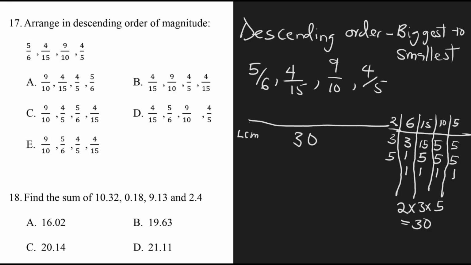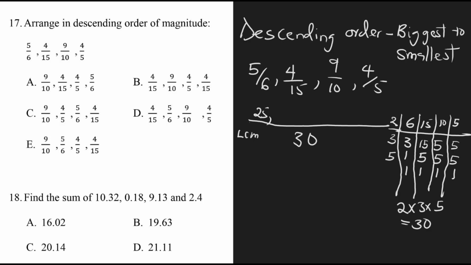So we're going to say 30 divided by 6 is what? 5. But you're not going to write the 5, you're going to say the 5 you got times this numerator, which is 5. So remember, 30 divided by 6 is 5, and 5 times 5 is 25. So write the 25 here, comma.